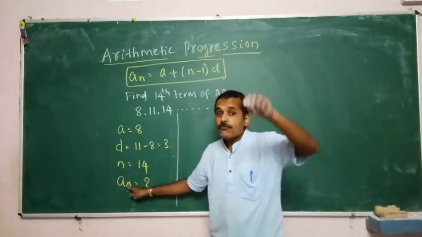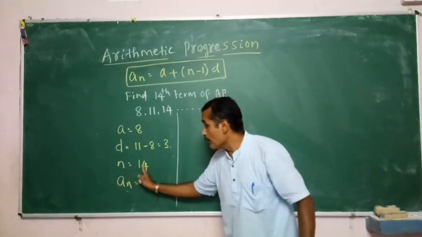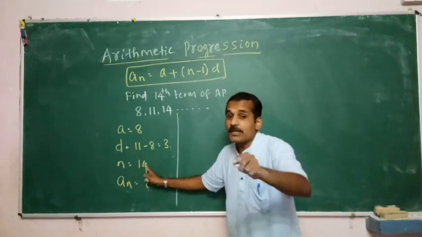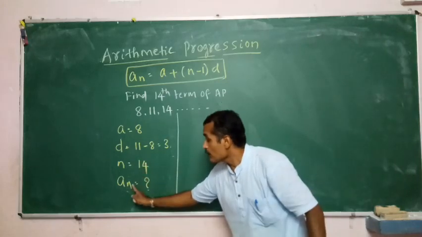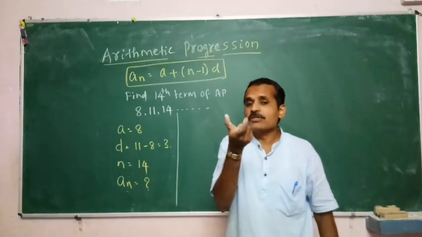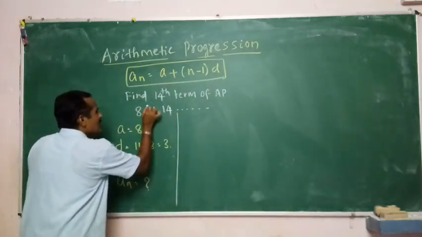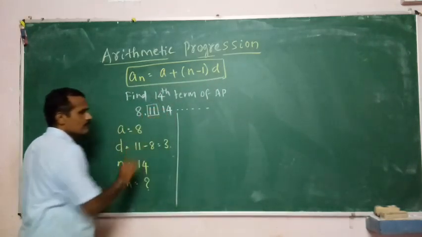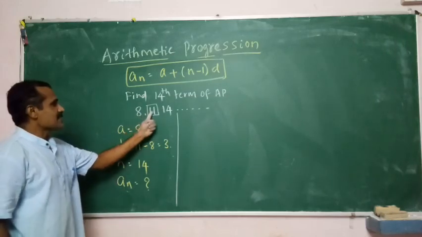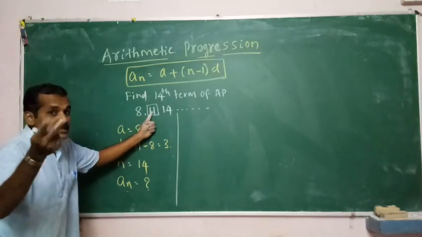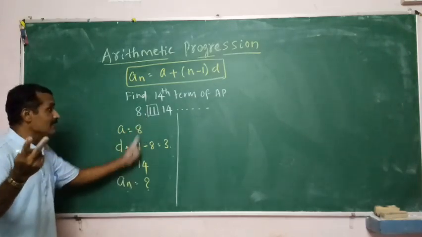N means 14th term. How many terms are there? N is equal to 14. There are 14 terms. You have to find the value of the 14th term. The value is different. I can say here, see, 11 is a value. Where is it? It is in the second place. The second place, the 2, is called N.